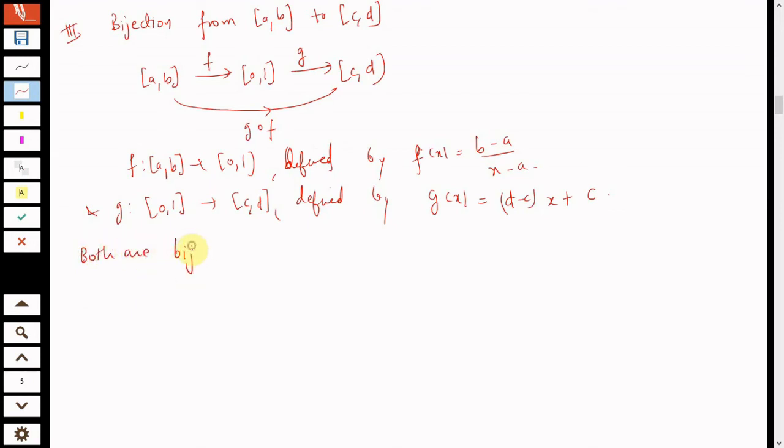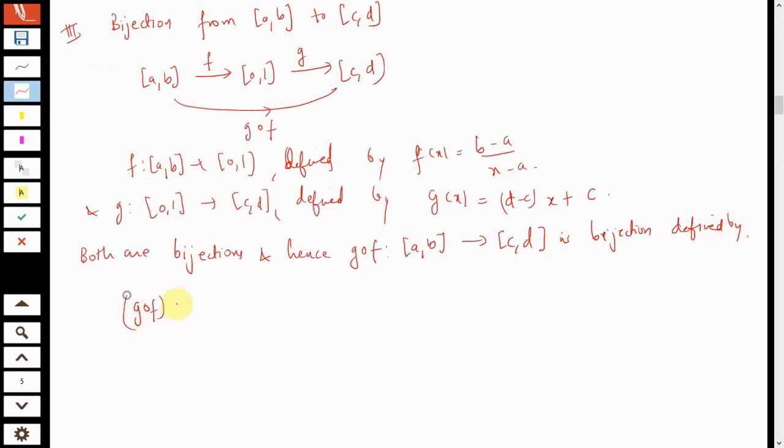And hence g composite f, that is a function going from closed interval a comma b to c comma d, is bijection, okay, defined by, so that's a very interesting map, g composite f evaluated at x.